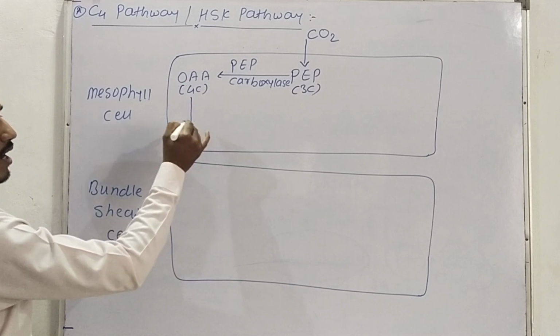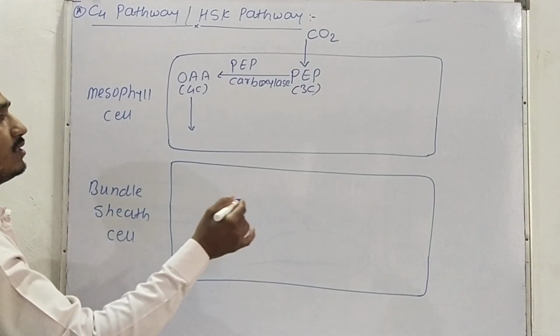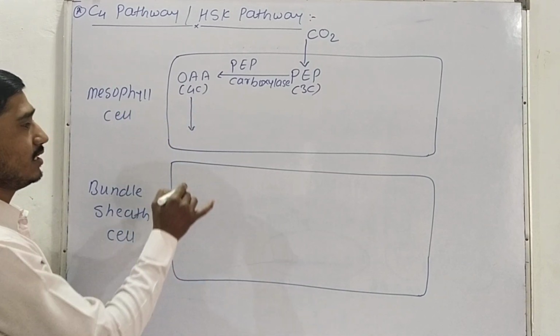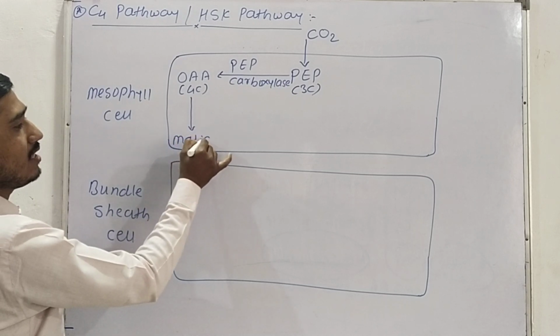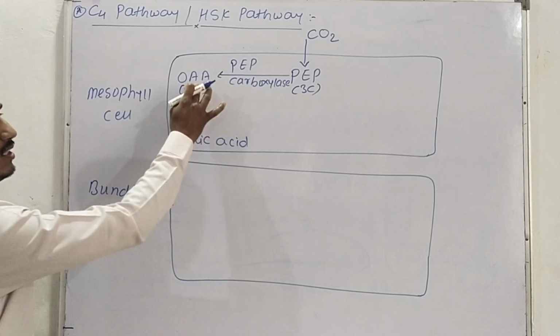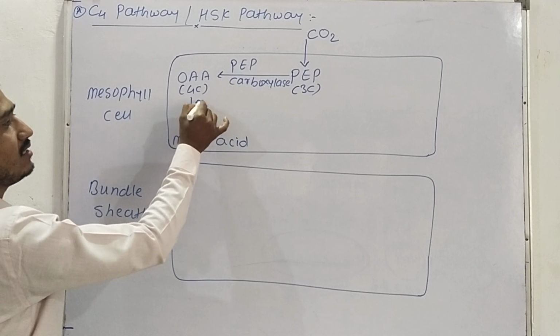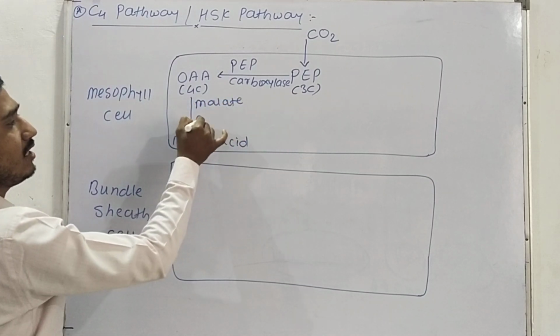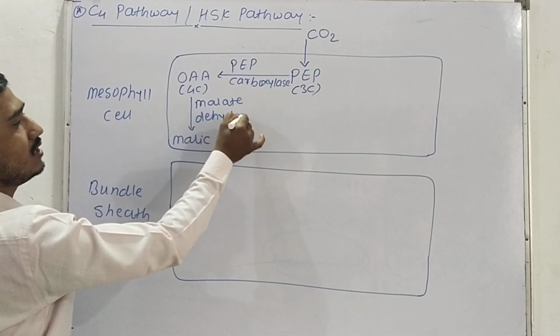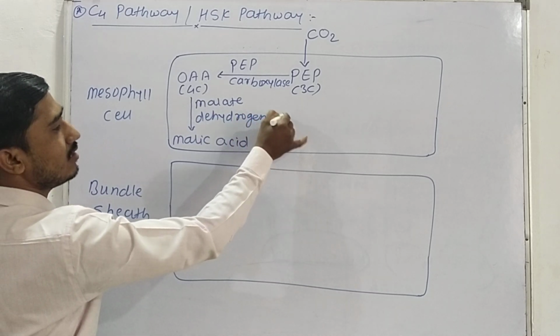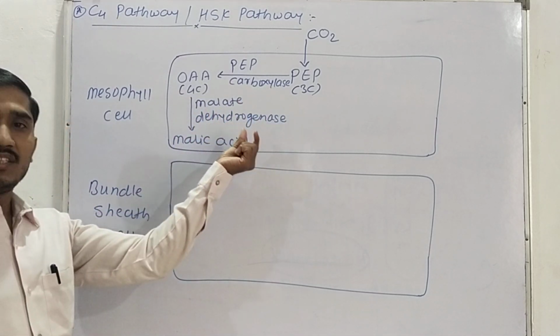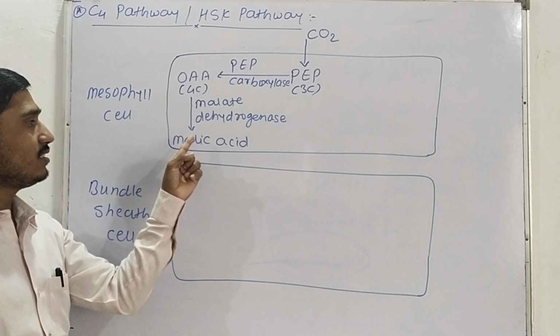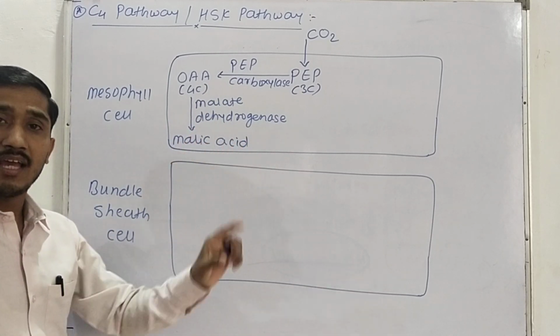Immediately this oxaloacetic acid is converted into a C4 acid called malic acid. This reaction is carried out by the enzyme malate dehydrogenase, and because of this enzyme oxaloacetic acid is converted into malic acid.